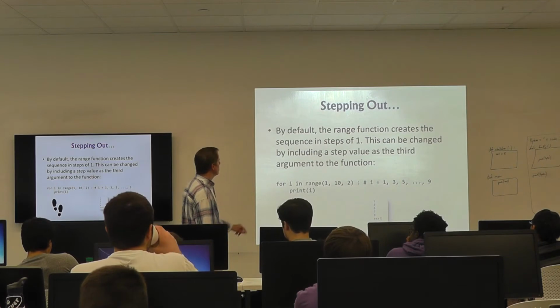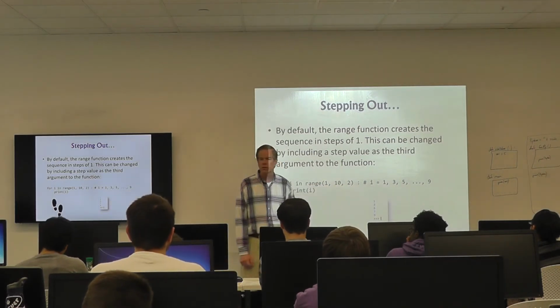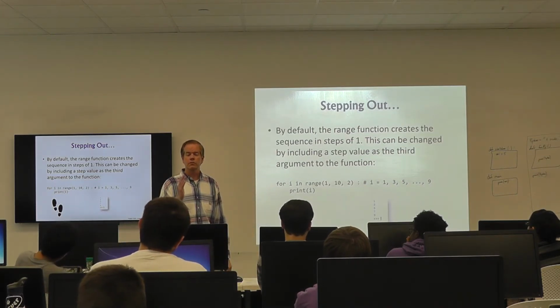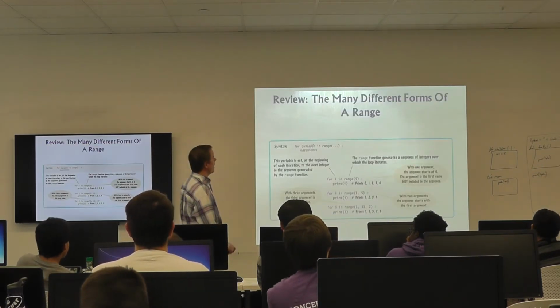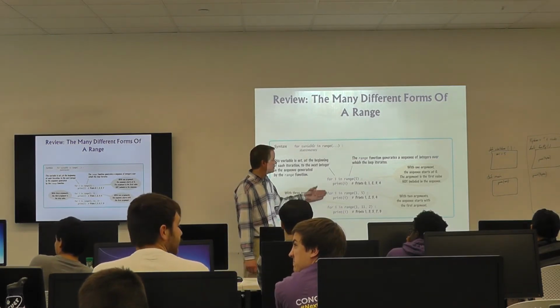Stepping out, just to remember, so for i in range(1, 10, 2), the little comma 2 means that we're going to go stepping through in increments of 2. So it'll be 1, 3, 5, 7, 9, out. Okay? So remember, our buddy Mr. Range has 3 different flavors that he comes in.